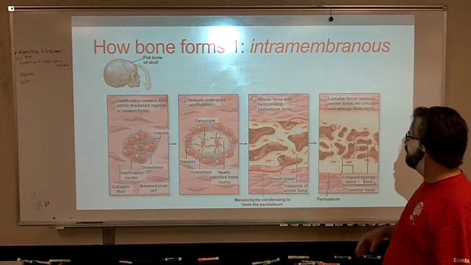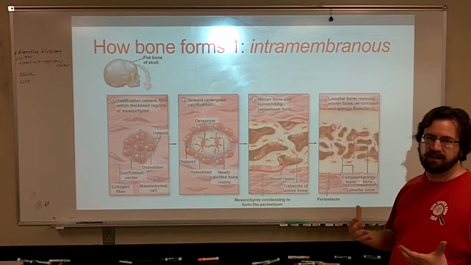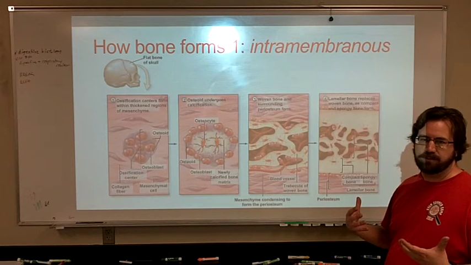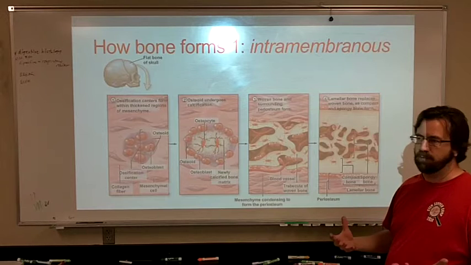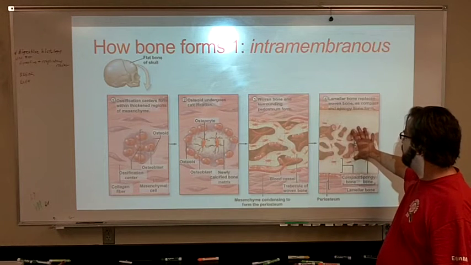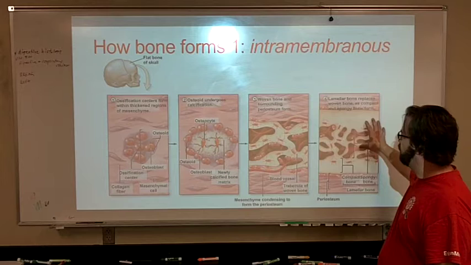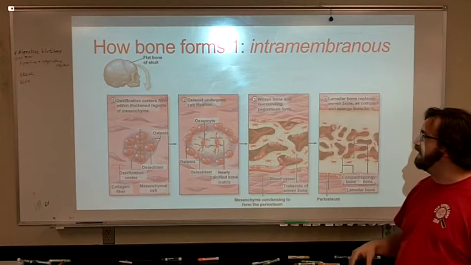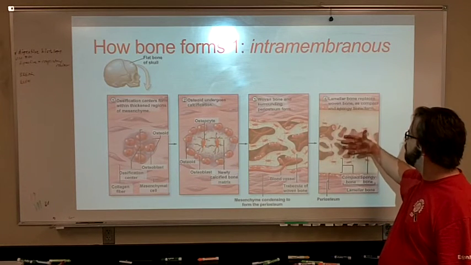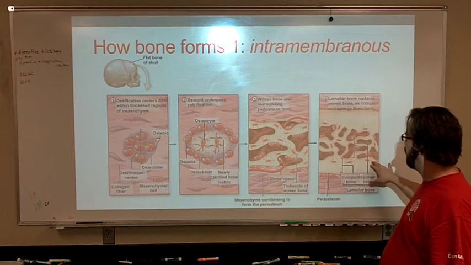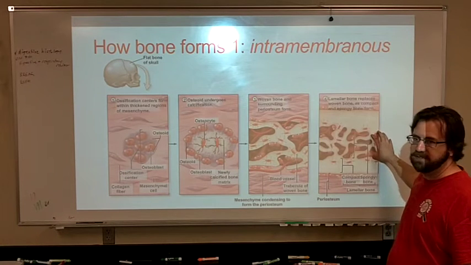And this all happens entirely in utero. So by the time the baby is born, these flat bones that form from intramembranous ossification have entirely formed the two tables of compact bone and the diploe of spongy bone in the middle.